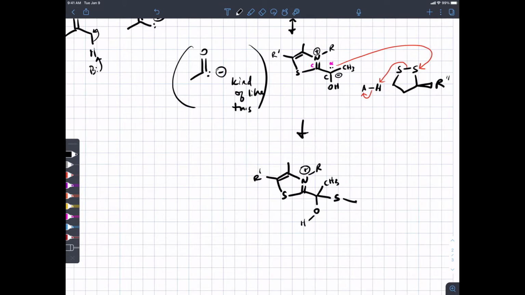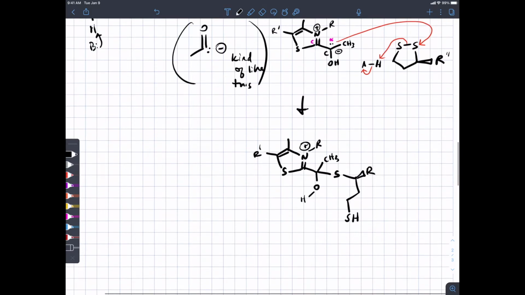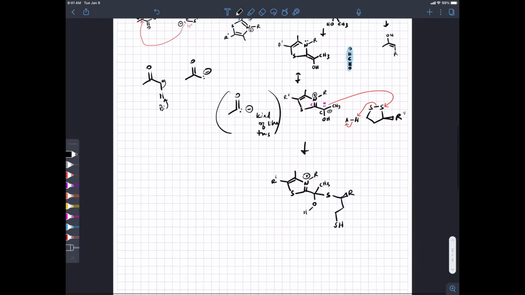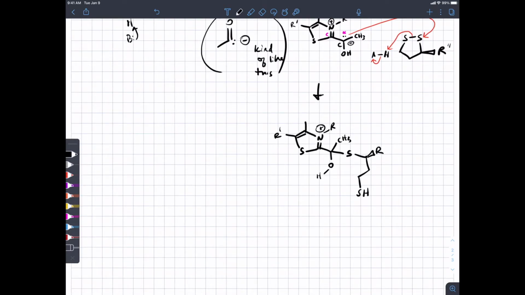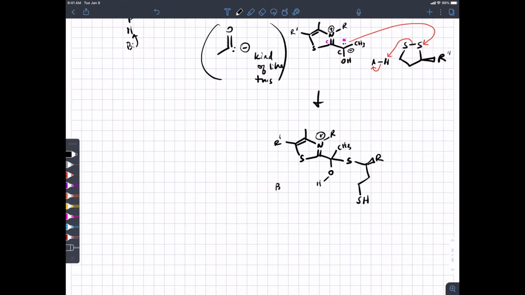I guess we can draw that. All right. So then at this stage, we're going to have a base, remove this proton, electrons will kick down, and the thiamine ylide will leave as a leaving group.